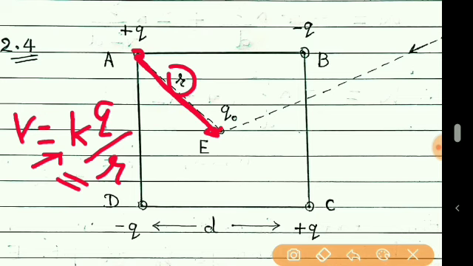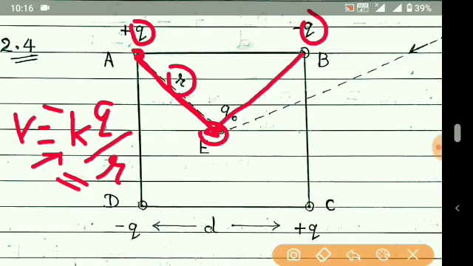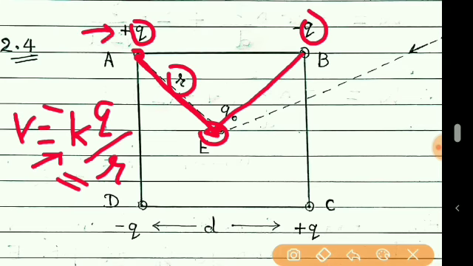Second, the potential at this point due to this charge, which is negative, will be minus. You can see here the magnitude of the charge is same, but one is positive and the other is negative.